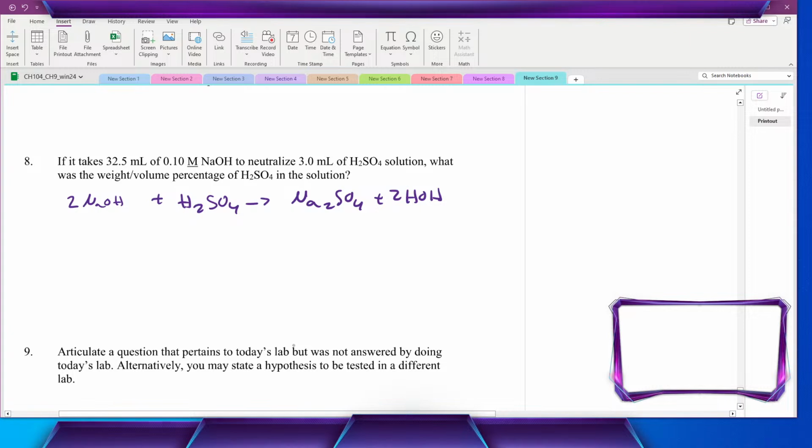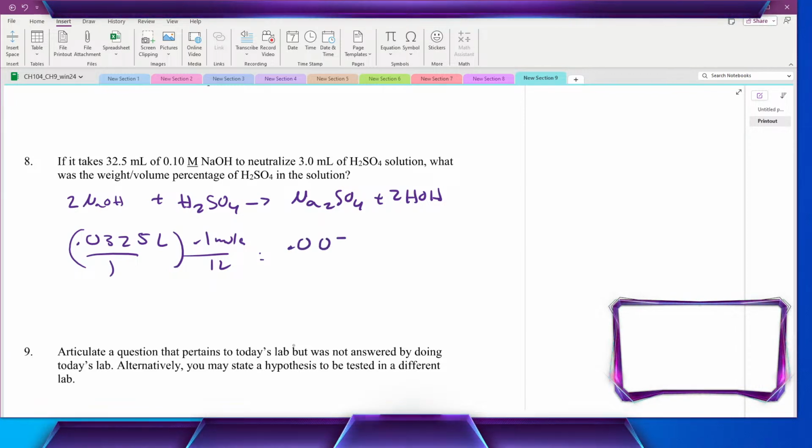Same thing like we did before, convert our volume to liters, multiply it by our molarity to get moles over liters. That should give us 0.00325. Now we're at moles of sodium hydroxide.